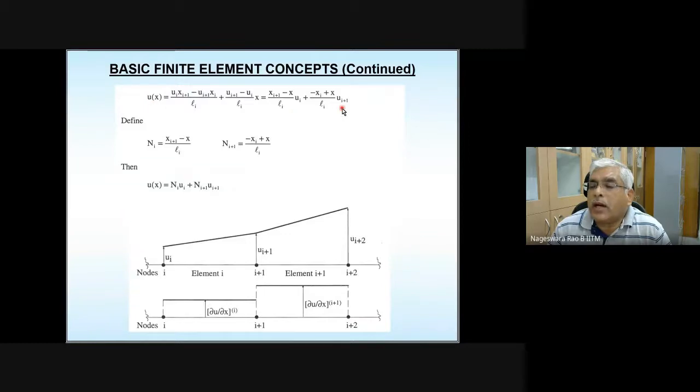So this equation can be compactly written as u as a function of x is equal to Ni ui plus Ni plus 1 ui plus 1. Or it can also be written using the capital sigma symbol. You may be familiar with sigma, the capital Greek letter. You can simply say u is equal to sigma Ni ui. When you write it in that manner, i loops over all the nodes of that element.